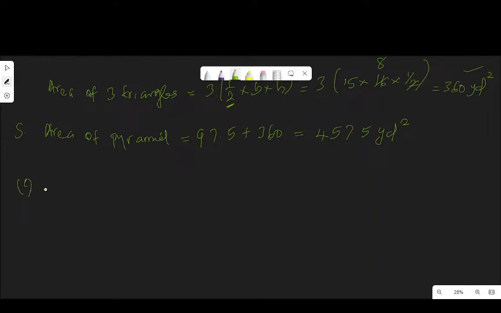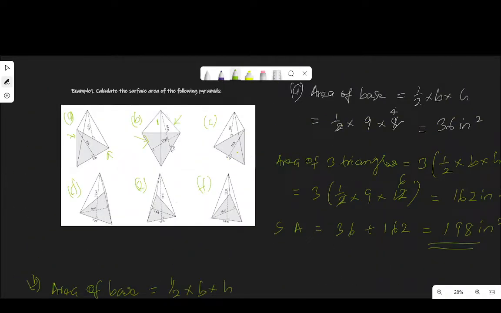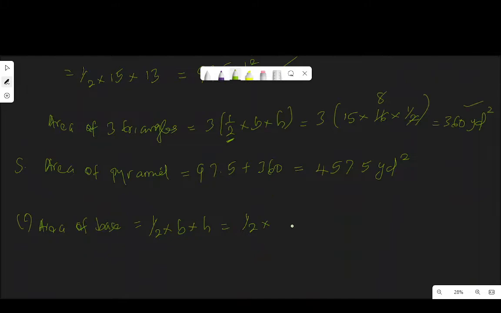Question C, area of the base is half times base times height, which is half times the base. There is 11 and the height is 10. 11 times 10. 2 here 1, 2 here 5. 11 times 5 is 55 feet square.